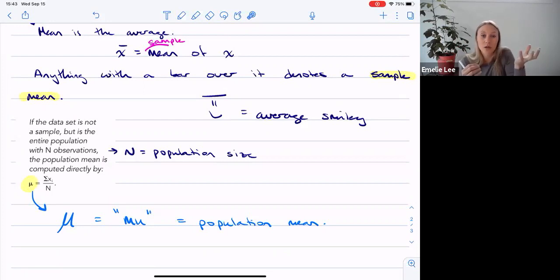And so usually all we're dealing with is sample information, right? But if we happen to have the whole population, what we have is parameters, they're called, but I shouldn't say that here. That's okay. They're called parameters, and they're denoted by Greek letters, right? So in general, we use Greek letters if we're talking about something from a population, right?